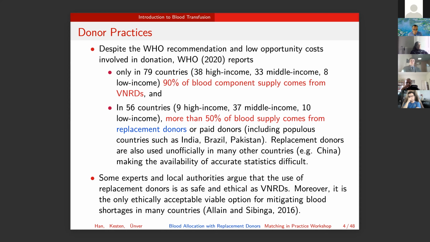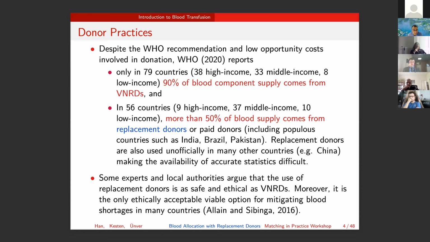Replacement donors are also used unofficially in many other countries, the leading example being China, making the availability of accurate statistics quite difficult. Some experts and local authorities argue that the use of replacement donors is as safe and ethical as VNRDs.